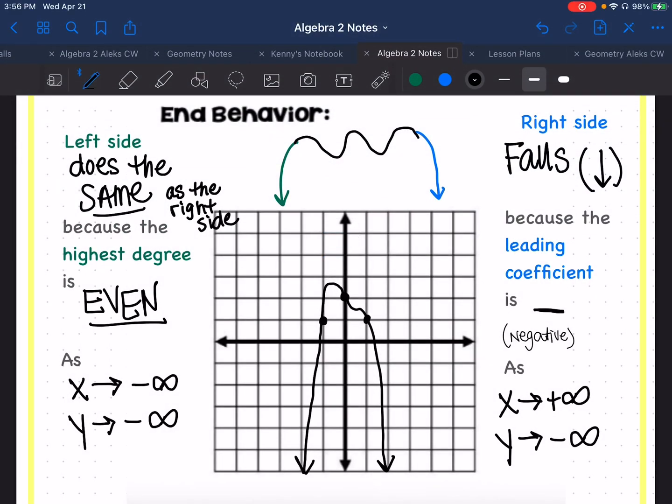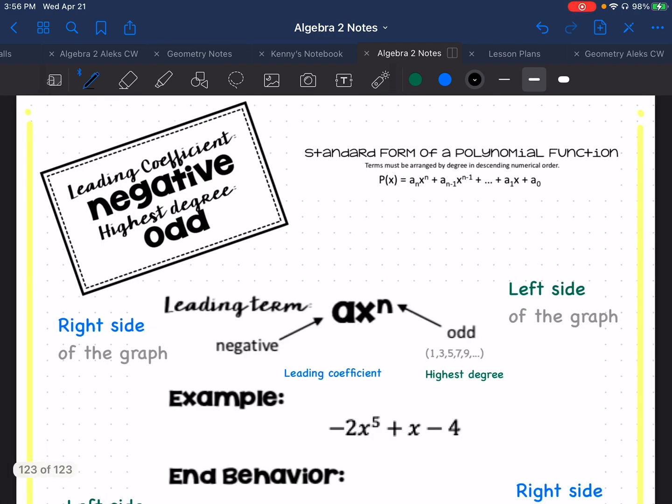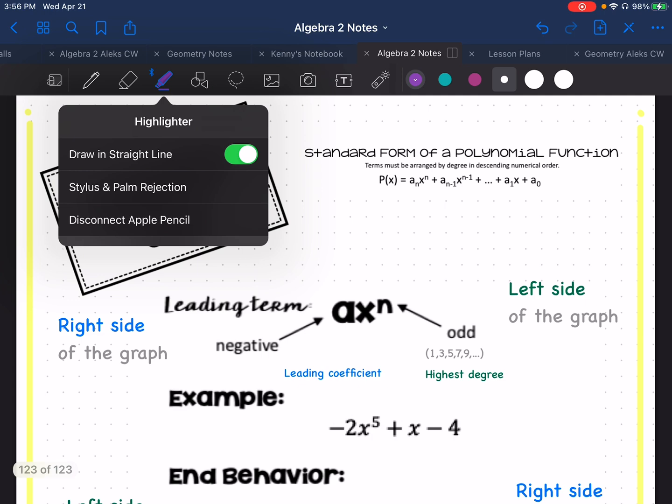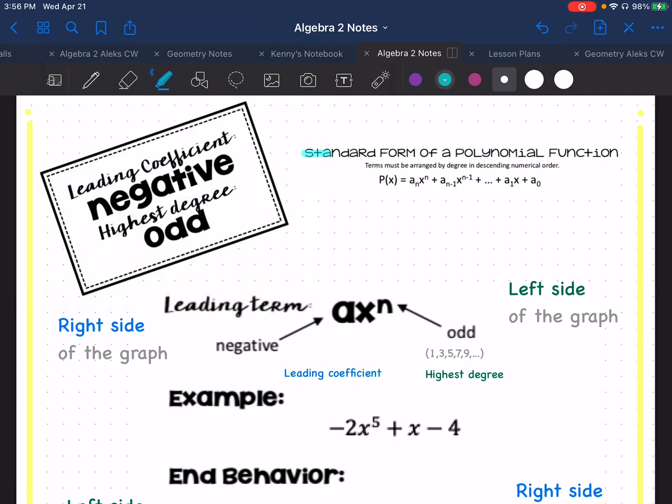All right, there's one last end behavior that we need to talk about. We talked about positive and even, positive and odd, negative and even. The last one is going to be negative and odd. Just a very quick reminder, it has to be in standard form, which means your exponents need to be in descending order from largest to smallest, and you're going to look at your leading coefficient, which is the first one in standard form.